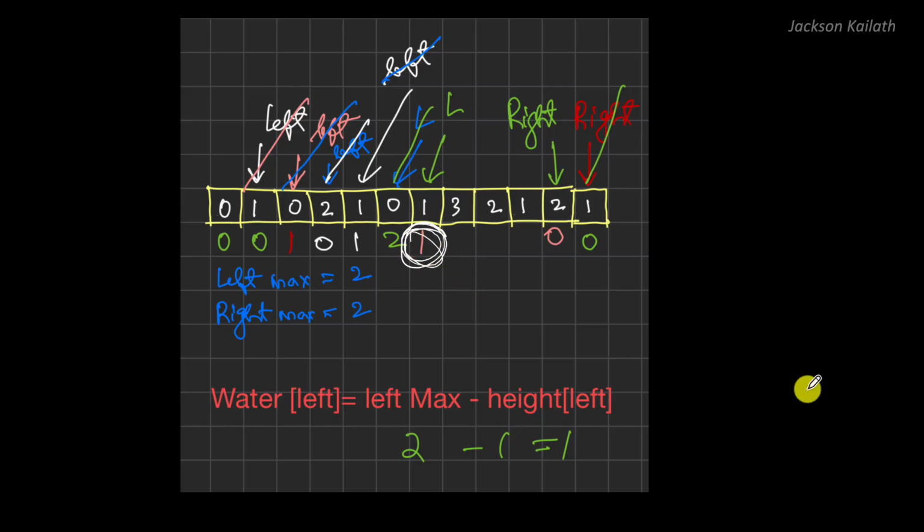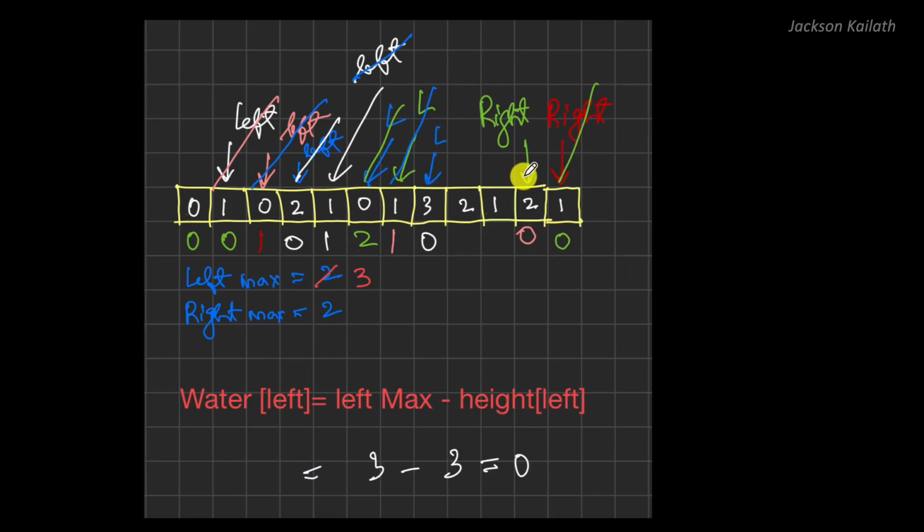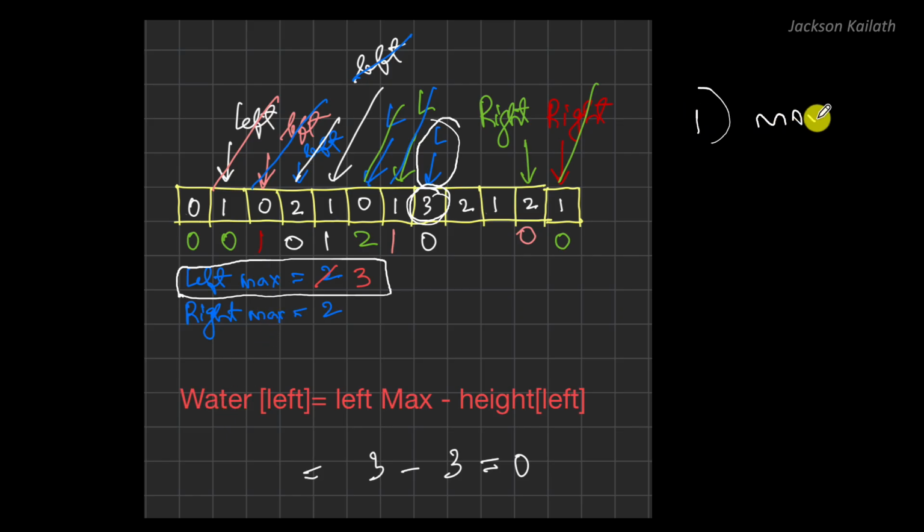Okay, now let's proceed. Again, left max and right max are equal. Therefore, I move the left pointer, and the left pointer is pointing over here, and the value that I get is 3. Previously, left max was 2. 3 is greater than 2, so I have to update left max, and at this point, left max is equal to 3. Okay, and I moved the left pointer. Remember, I moved the left pointer.